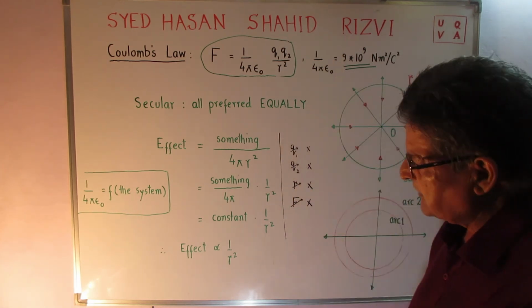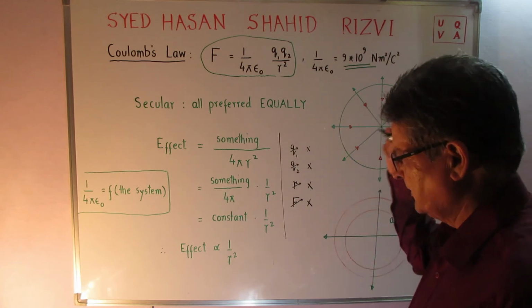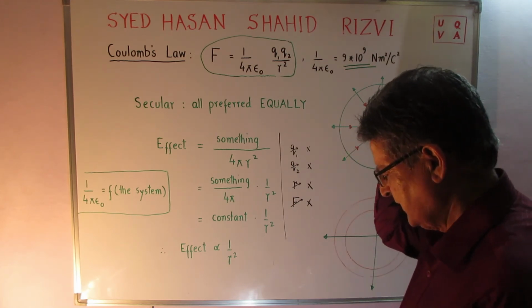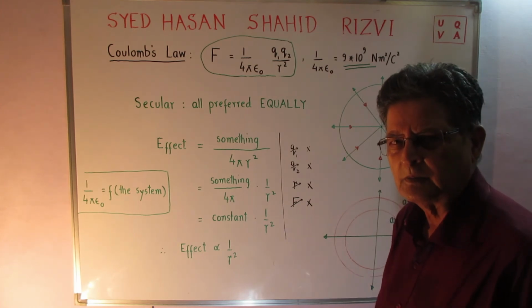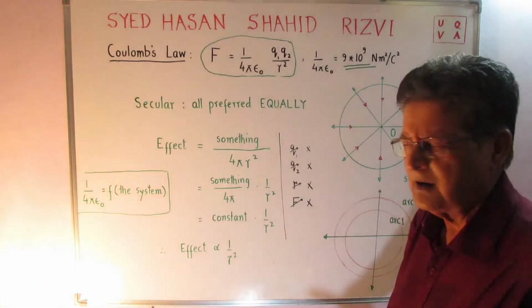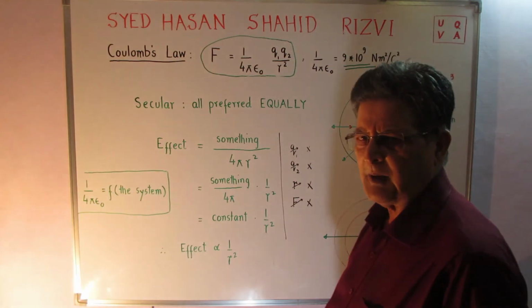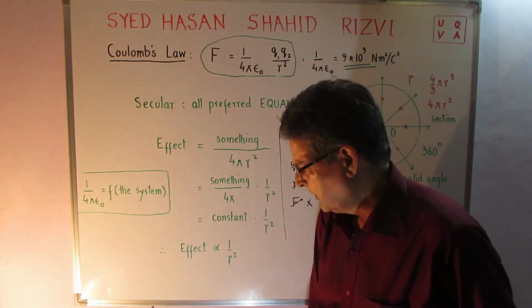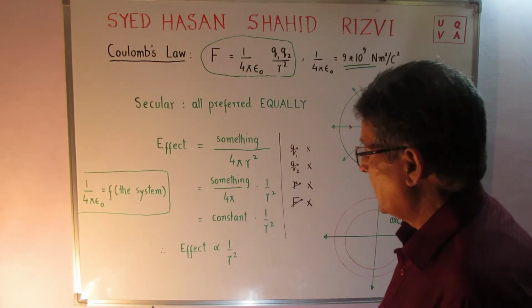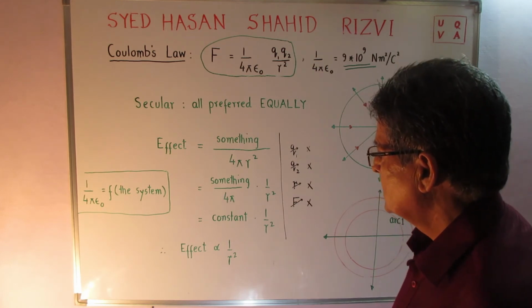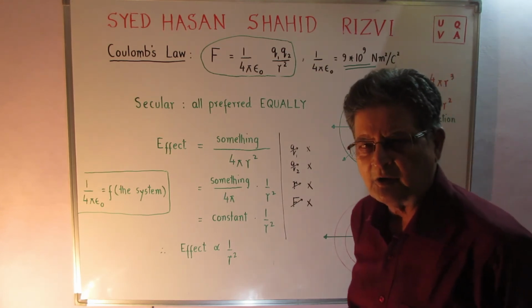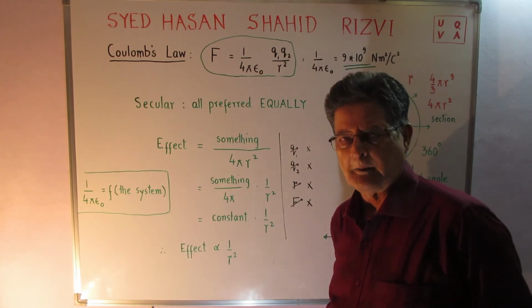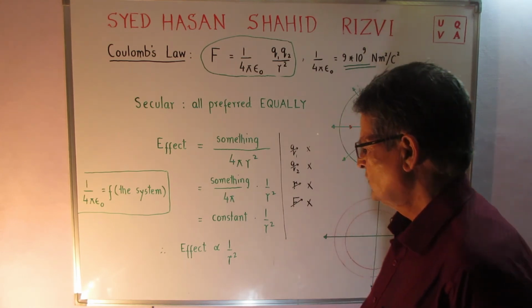If you understand that, what is pi? Pi is the circumference divided by the diameter. Circumference is 2 pi r divided by the diameter, which is 2r, will give you pi. Okay. So pi.